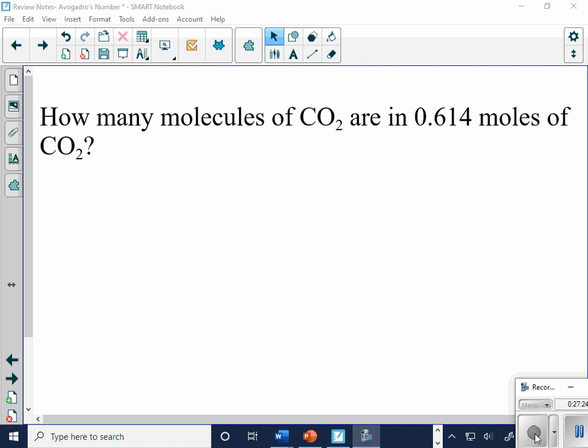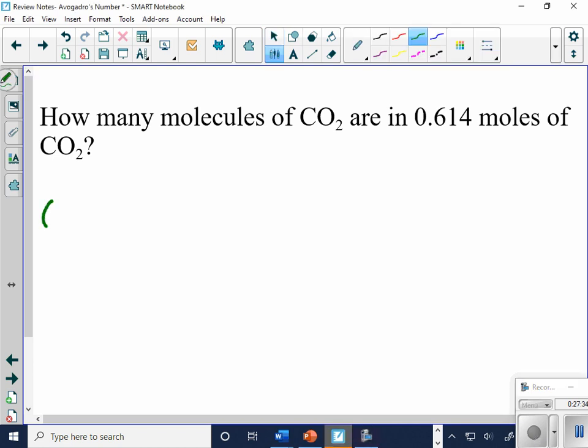I look at my flux capacitor, I see them at moles, and I'm going down to representative particles at the bottom right. So I start off with 0.64 mole of carbon dioxide.